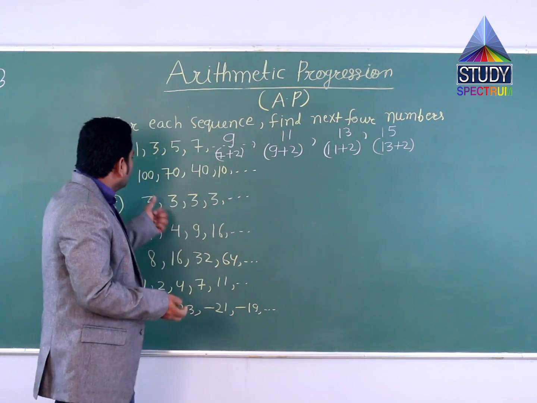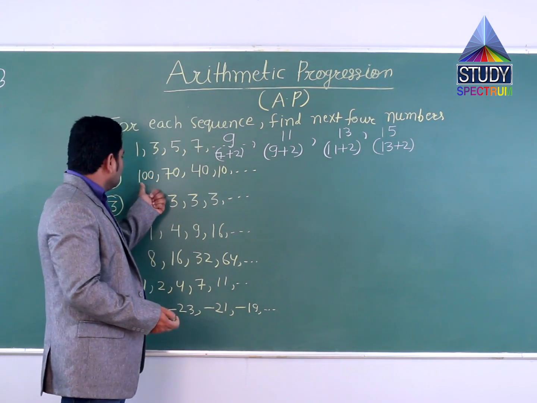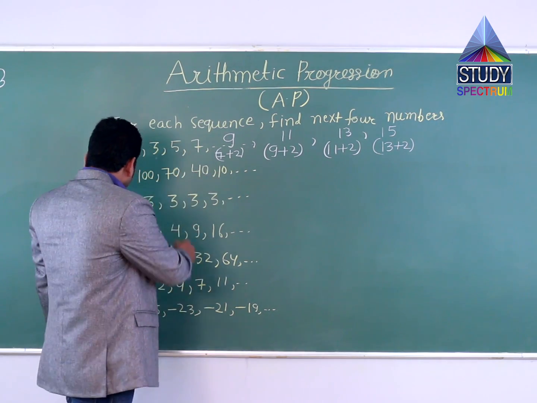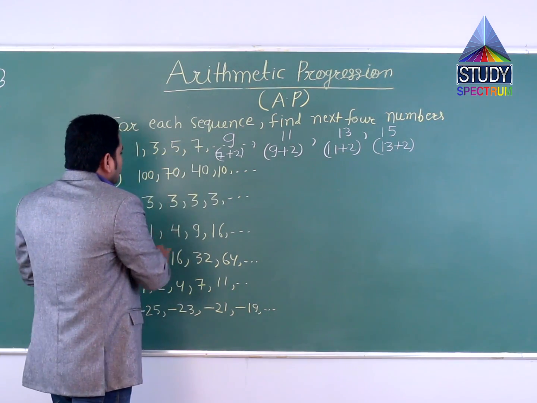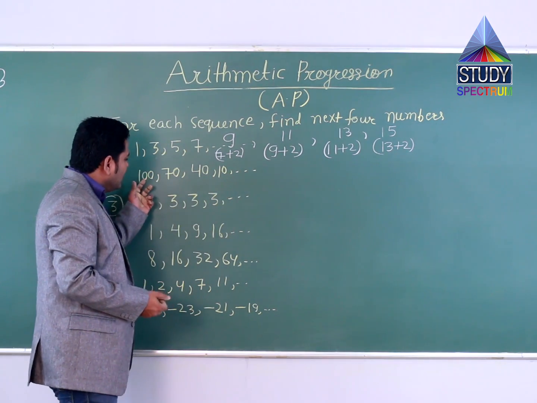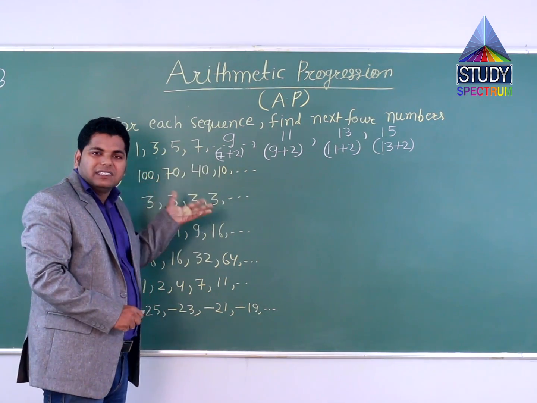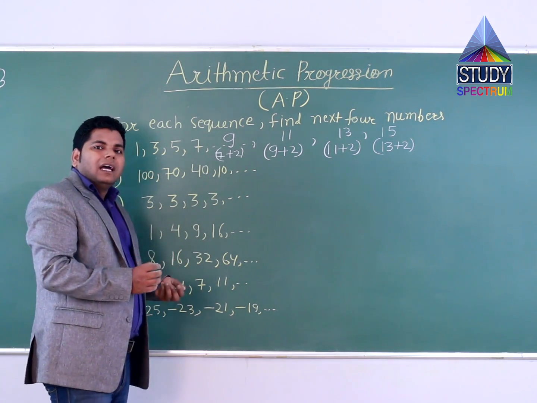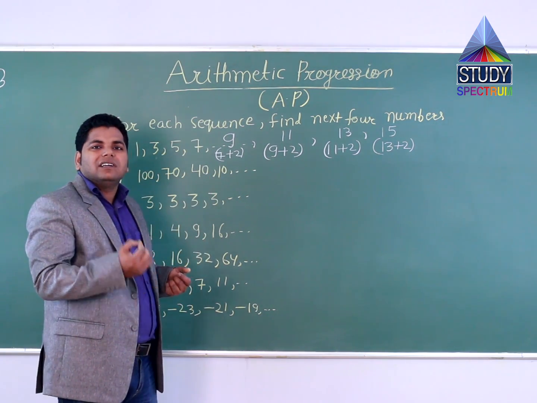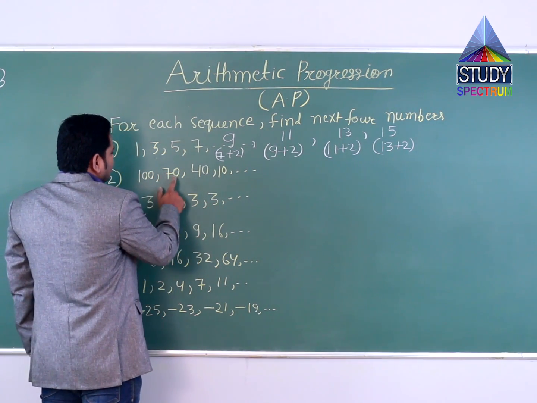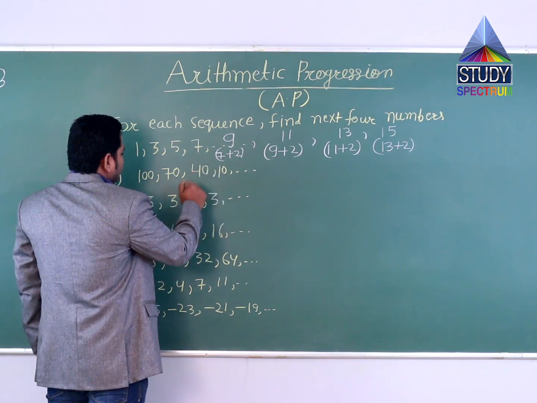Okay, so now come to the second sequence, 100, 70, 40, 10. So in this sequence, these numbers are in what order? These numbers are in decreasing order, meaning there is some order. Now we have to understand what rule is involved in this sequence. Here it is 100, 70, 40, 10.